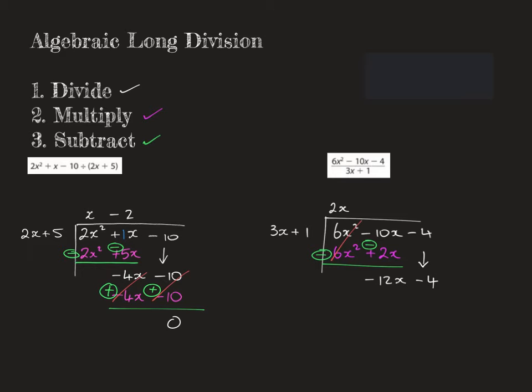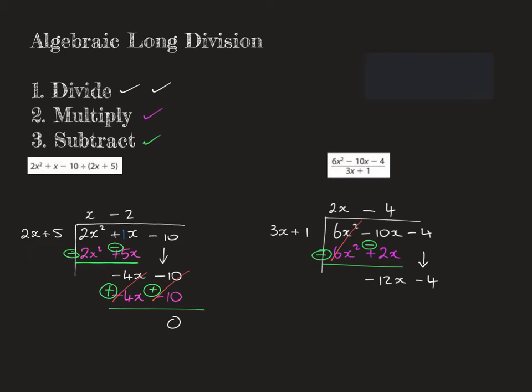So we're going to divide again. 3x divides into negative 12x negative 4 times. So we're going to put in our minus 4. Our next step is to multiply. So what we need to multiply now is the 3x by the minus 4 and the plus 1 by the minus 4.